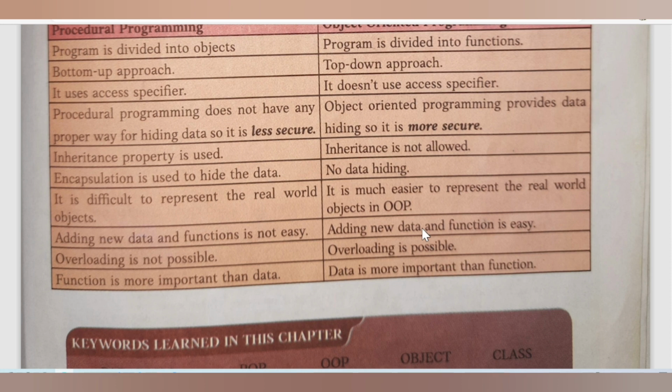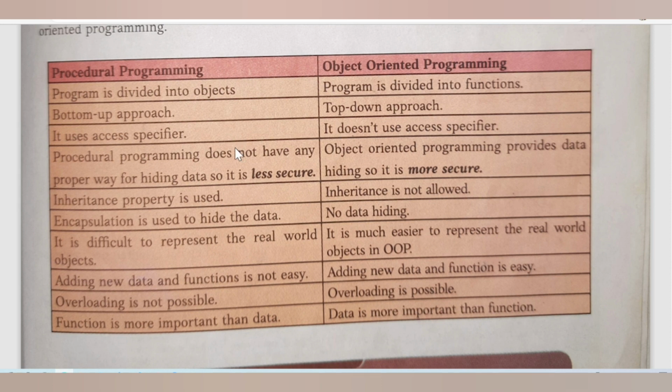In procedure oriented, overloading is not possible, but in object oriented we can use overloading. And in procedure oriented, functions are more important than data, and in object oriented, data is more important than functions. So these are some differences.